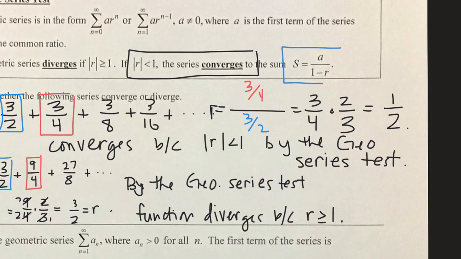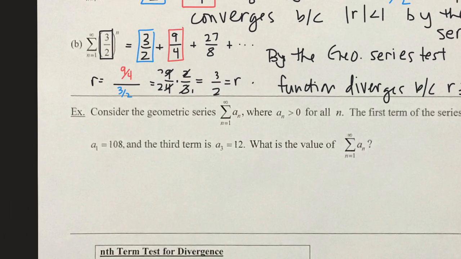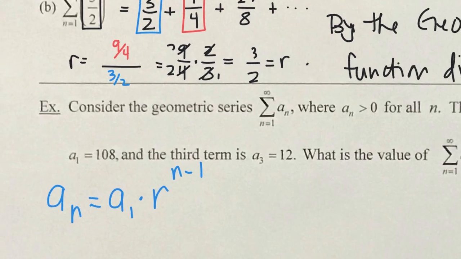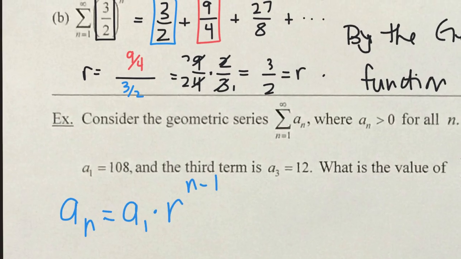But in order to use this formula, we need to know the first term and the ratio. So let's use our formula, which says a sub n equals a sub 1 times ratio to the n minus 1. You need to have this formula memorized in your brain so that we can apply it here to figure out what our ratio is.